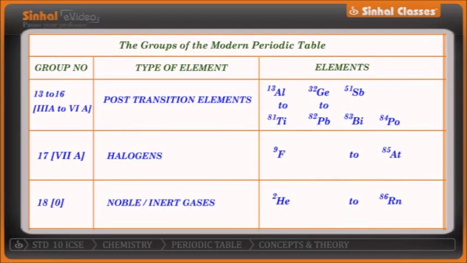The 17th group, that is also known as 7A, is halogens having 7 electrons in the outermost shell. Whereas the 18th group is called noble gases, that is inert gases having completely filled octet, that is 8 electrons in the outermost shell except helium, which has 2 electrons, that is a duplet.